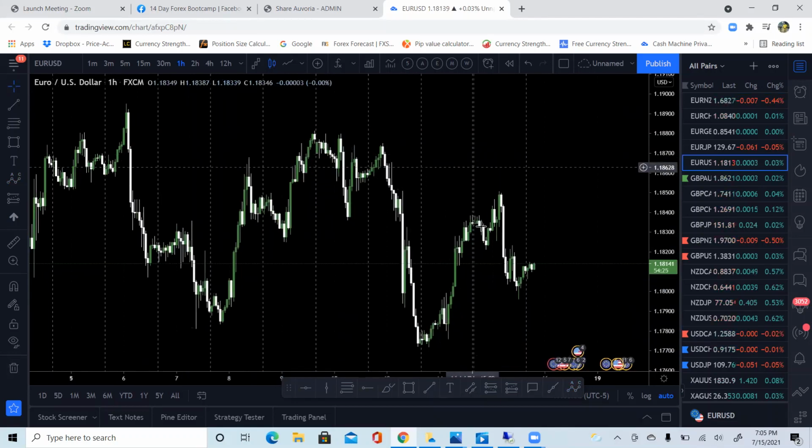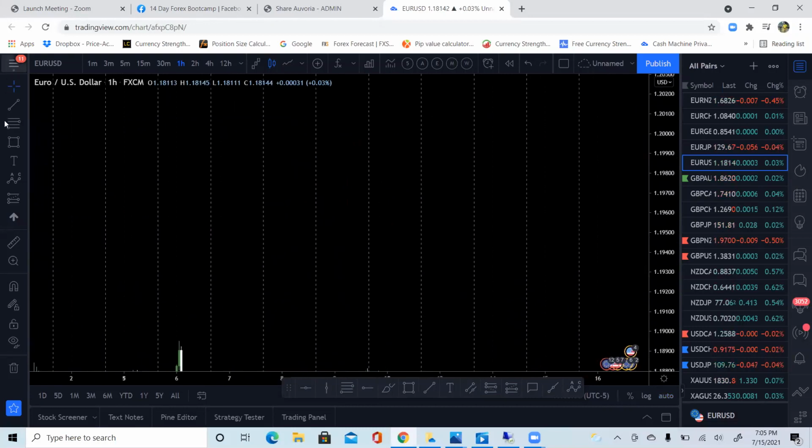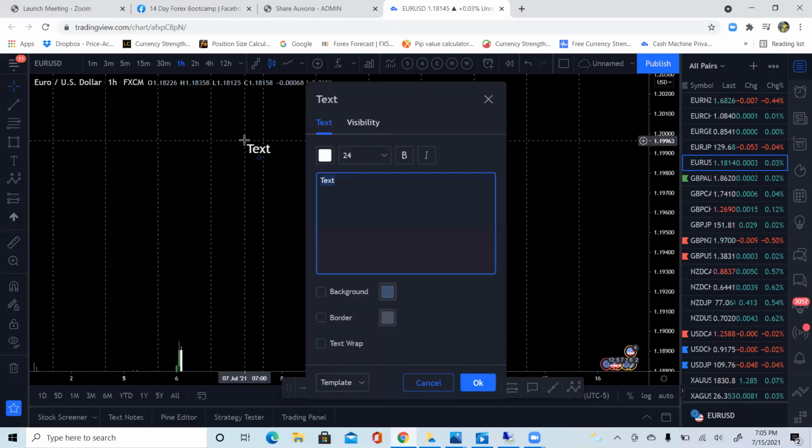So in day 4, we're talking about the different levels of support and resistance, different types of support and resistance. So there's 3 different types of support and resistance.